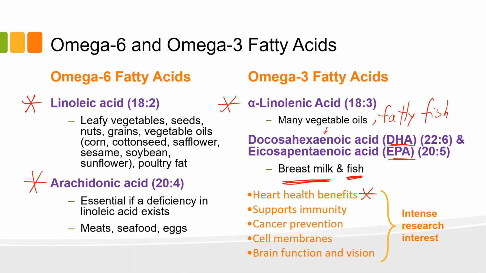I think I mentioned last day, the native people of Greenland, Alaska, and northern Canada traditionally have eaten a very high fat diet. They were eating a lot of animal foods, seals and fish and things like that. And traditionally, they had a very low rate of heart disease.